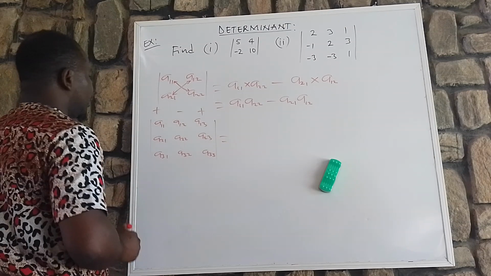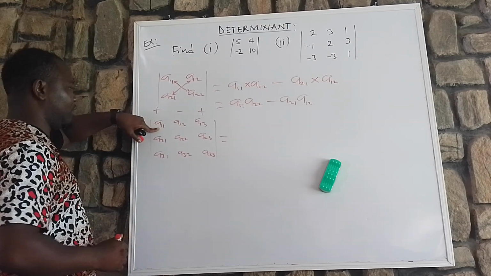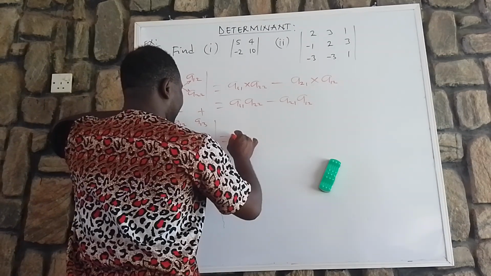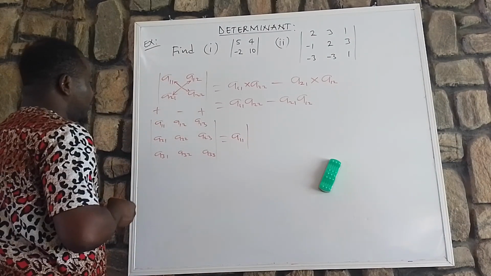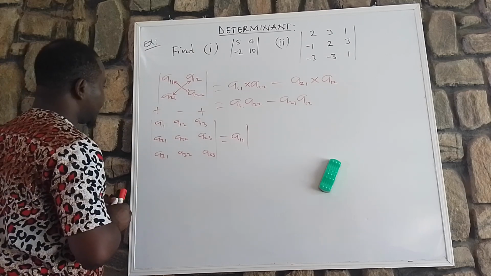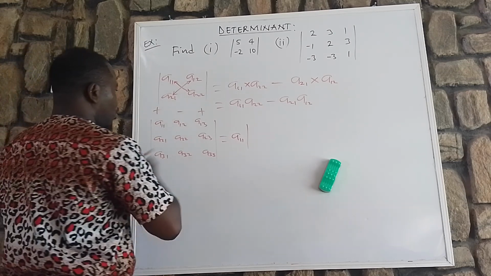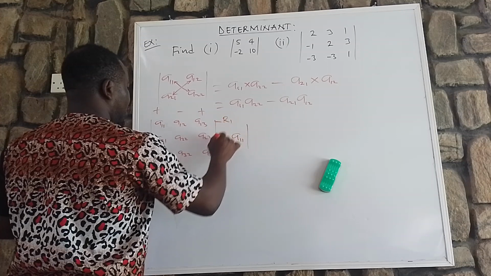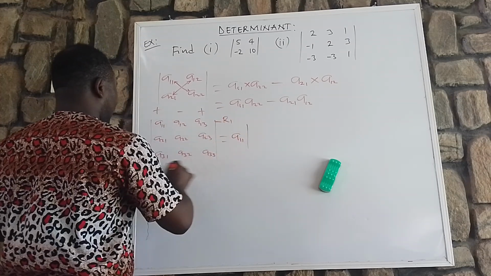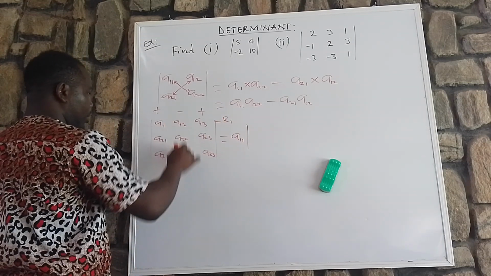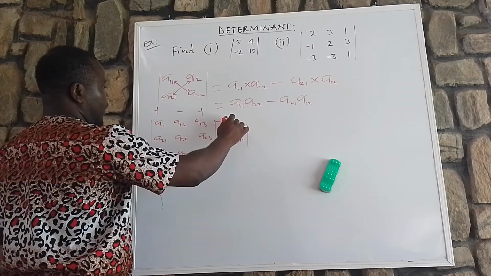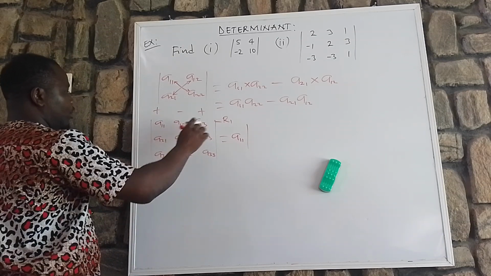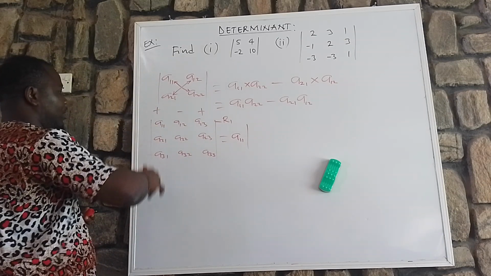So take note. If we want to obtain the determinant of A11, listen, this is row 1, row 2, row 3. This is column 1, column 2, column 3. The horizontal is row, then the vertical is column.